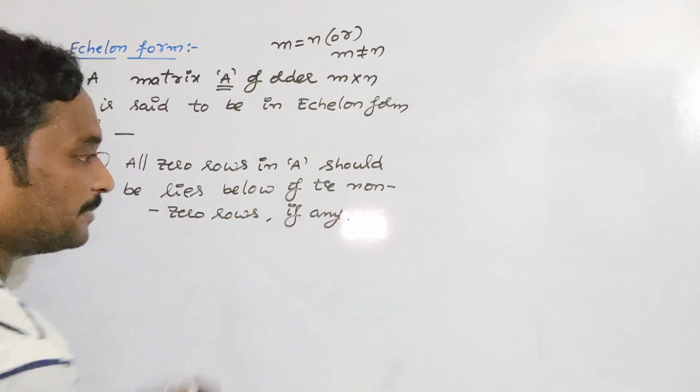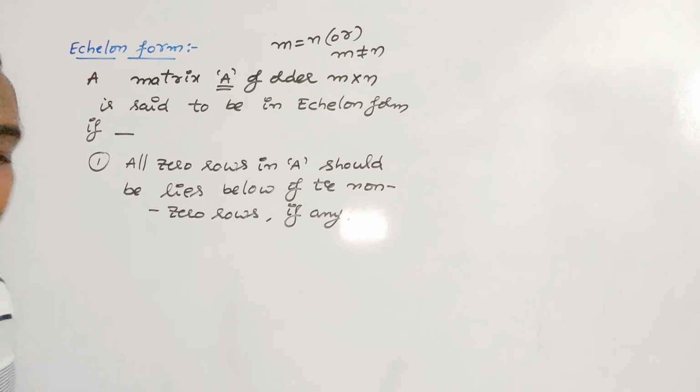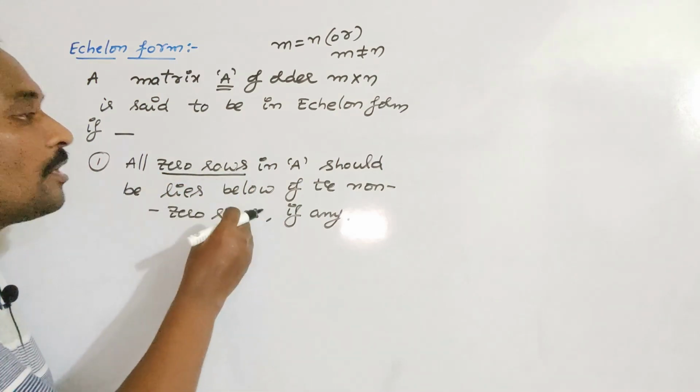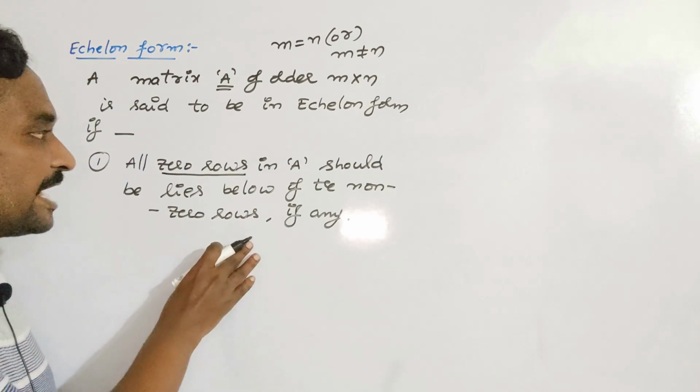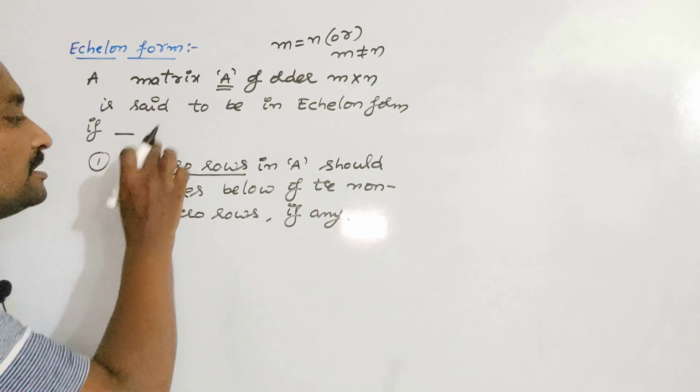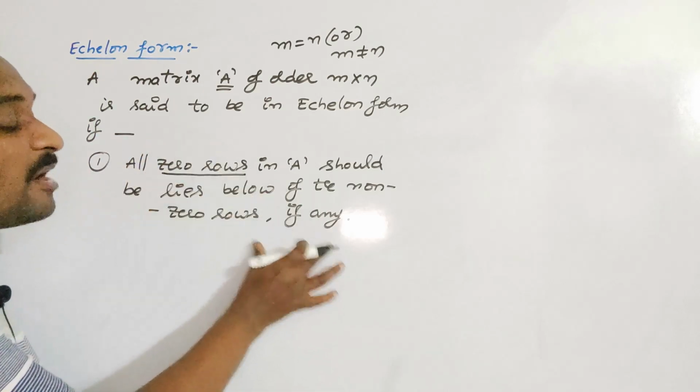So it means that if capital A has any zero rows, those zero rows should be below the non-zero rows. So indirectly you should understand that if matrix A has some zero rows, then those zero rows should be at the bottom of the matrix.